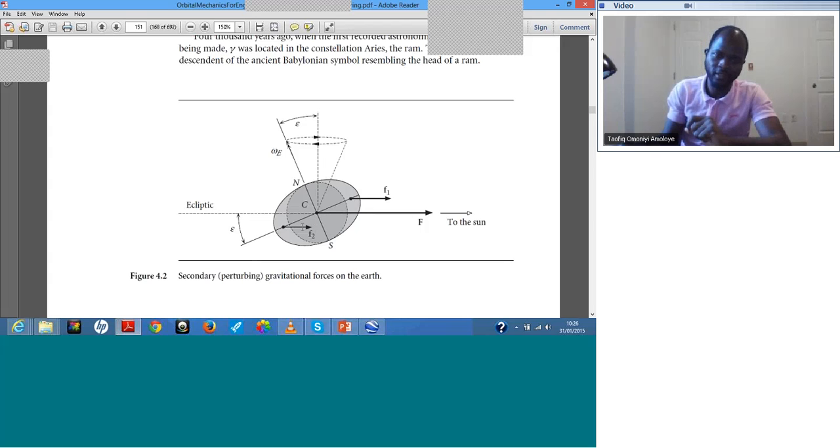The effect would want to be to close up the angle there, which is also the angle there. So if the Earth were not spinning, that would have been the case. This angle would have been closed up. That means the equatorial plane would have just been pulled so that it will coincide with the ecliptic plane.